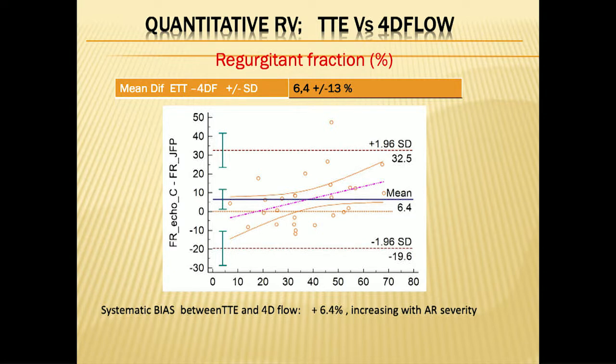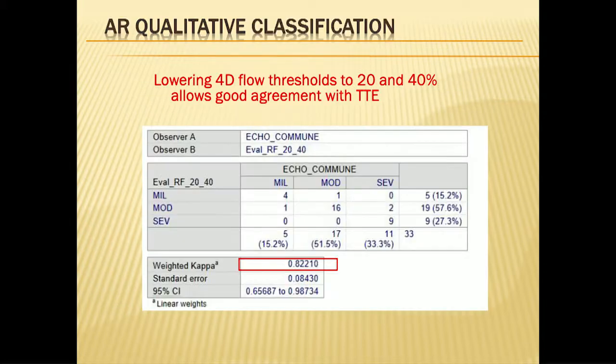So when you compare, the recommendation for TTE evaluation is not numeric, but a semi-quantitative, well, a qualitative evaluation from a multi-parametric approach. This is the European and also American recommendation for regurgitation evaluation with TTE.